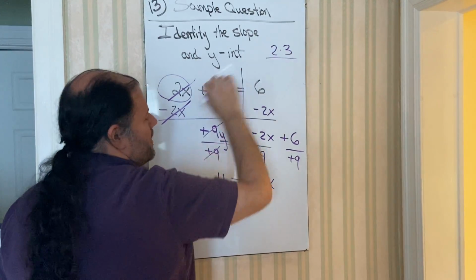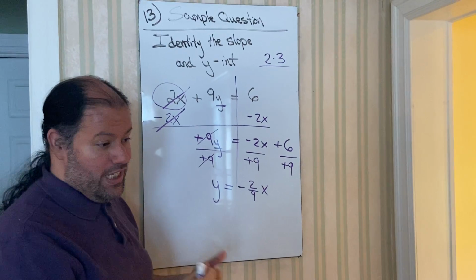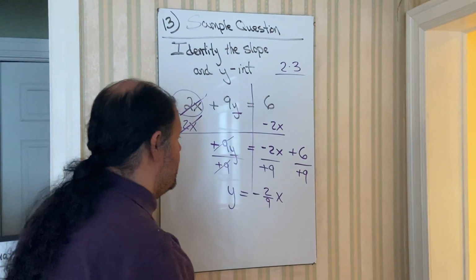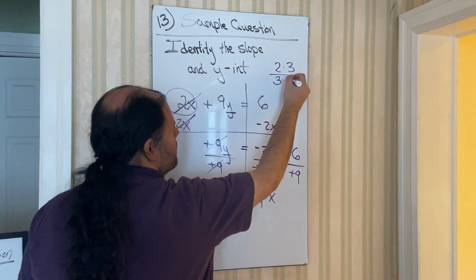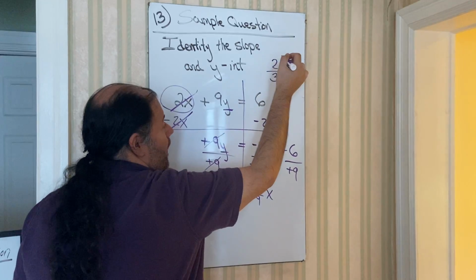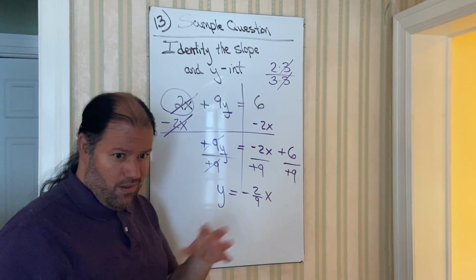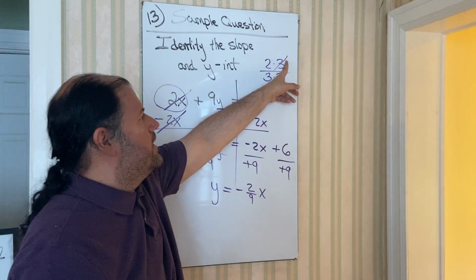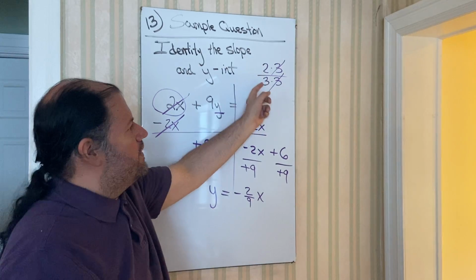That's prime factorization. Trying to break down 6 into nothing but prime numbers, where you can't break it down any further besides 1 and the number. 9 can be broken down as 3 times 3. And here you definitely have something on top that matches something at the bottom. And as long as it's all multiplication or factors, you can cancel something on top that matches something on the bottom. So we're going to be left with 2/3.